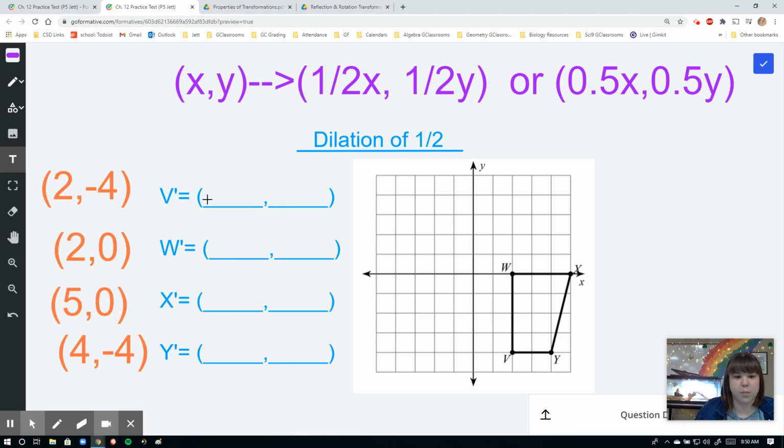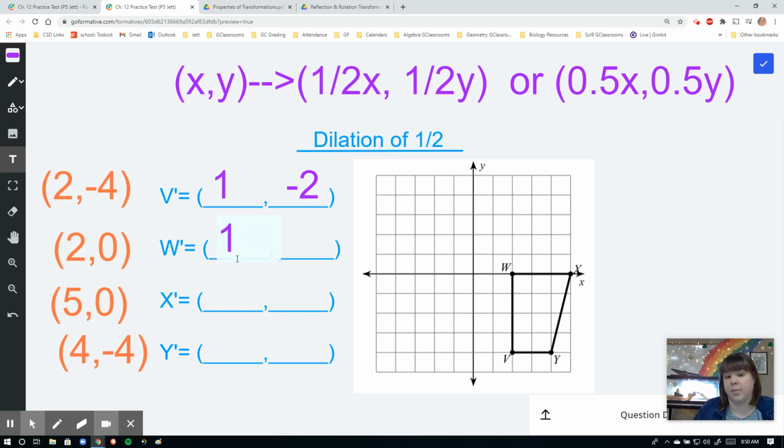2 times 0.5, or 2 divided by 2, is going to give us 1. So 2 cut in half is 1. And then -4 cut in half or multiplied by a half is going to be -2. For W prime, again, 2 divided by 2 is going to give us 1.